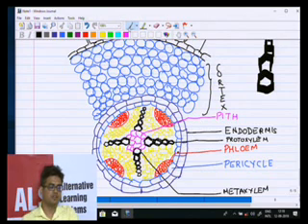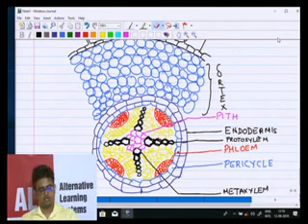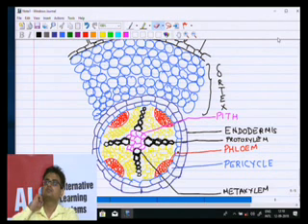So that is what we have done here. Xylem and phloem are present on different radii. Okay, this is a radial vascular bundle. A radial vascular bundle. So I hope everybody has drawn.